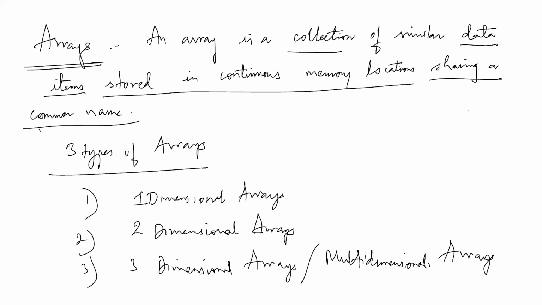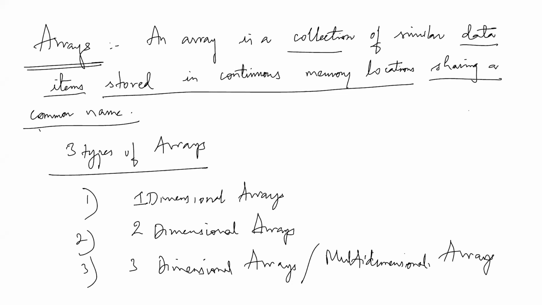If the data structure is storing the data in contiguous memory locations, physically and logically, or only logically, then they are linear data structures.